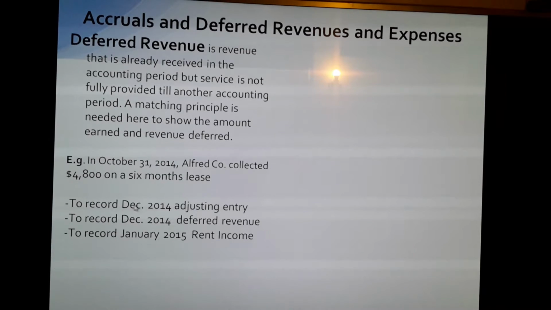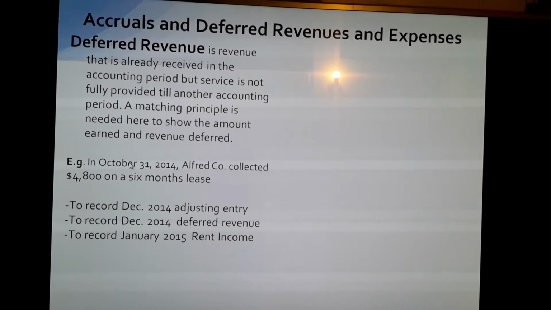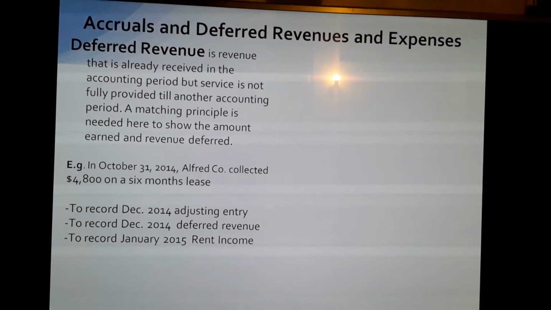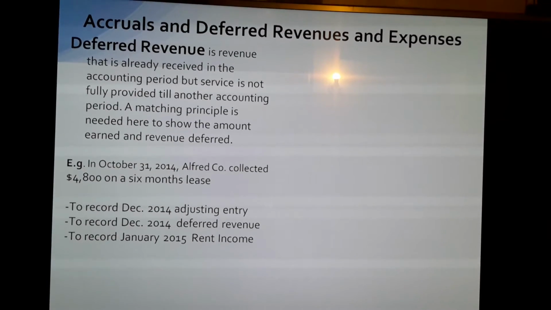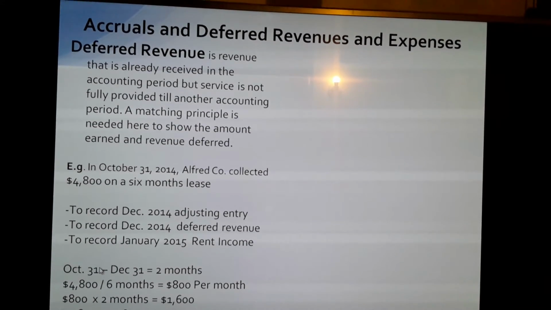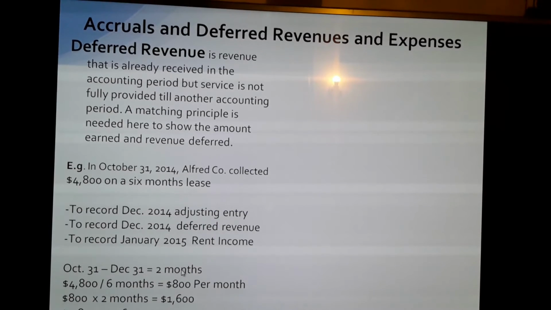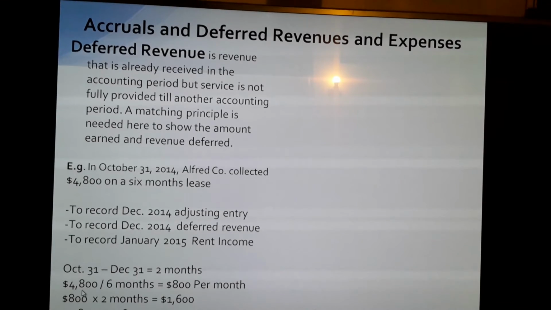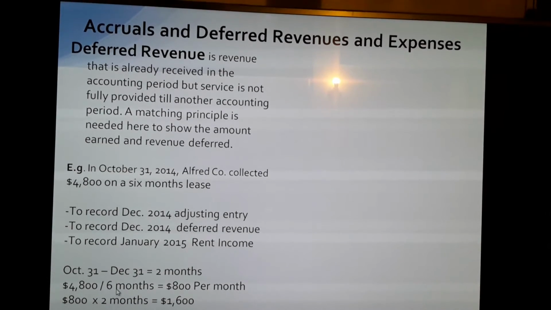So we have to record the adjusting entry. Remember, this transaction happened on October 31st. Okay, so for us to do our matching principle, we need to report the December 31st deferred revenues. Okay, and let's see how we do our stuff here. So from October 31st to December 31st is 2 months. Okay, so for us to get the per month amount, we have to divide the amount of money that was paid by the months.